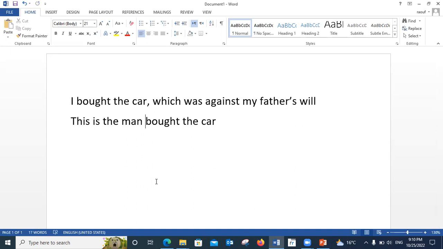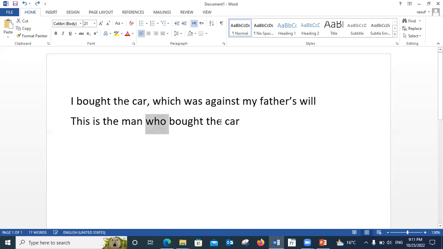Does it make sense that way? No, it doesn't. How about this? This is the man who bought the car. I think it does now. Okay? Fine. So the word who here is required. If I take it off, it will spoil the meaning.